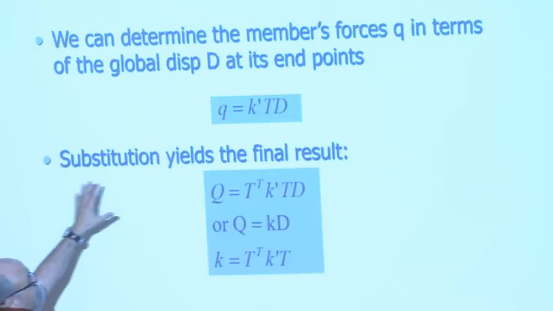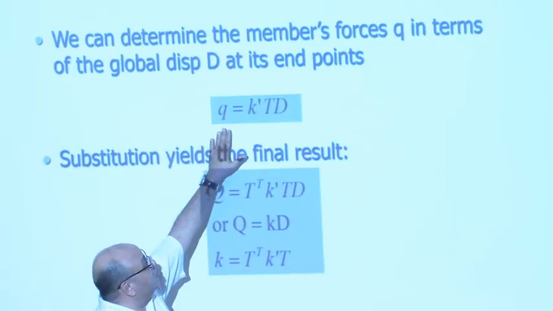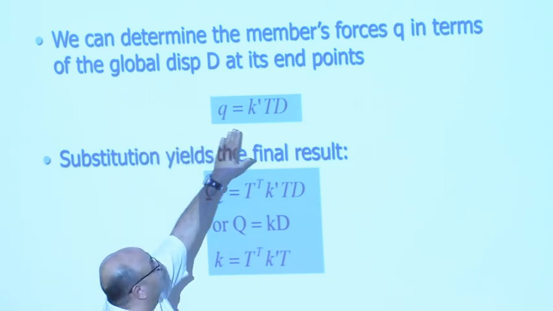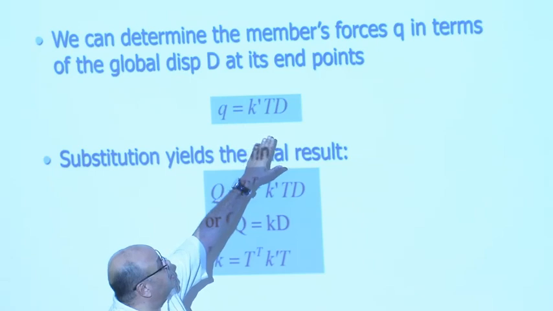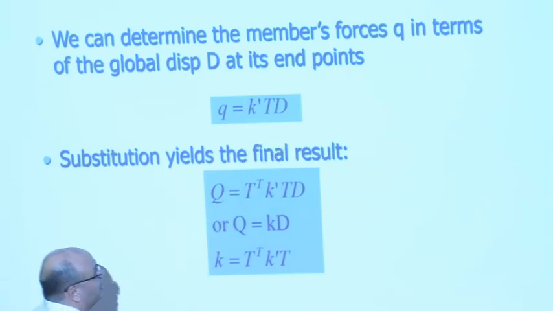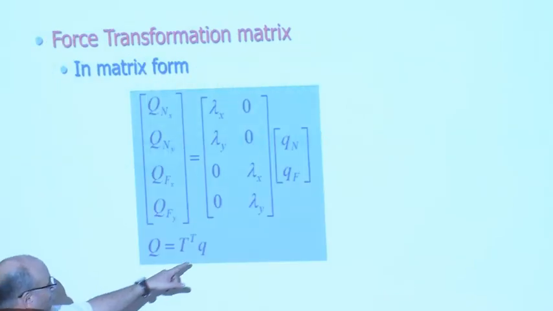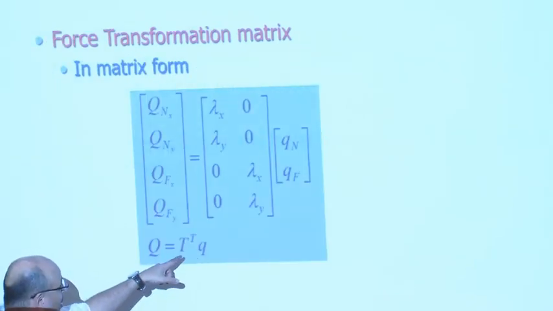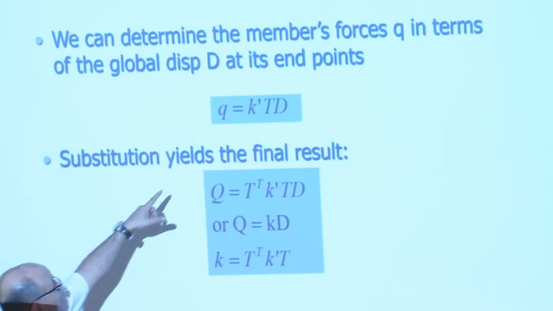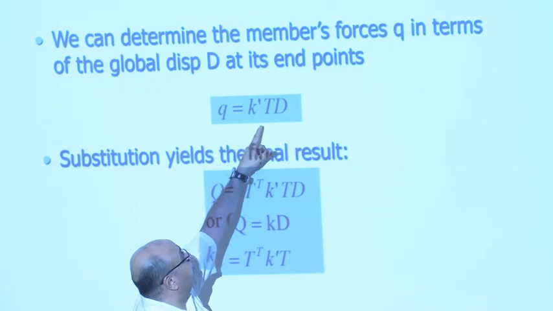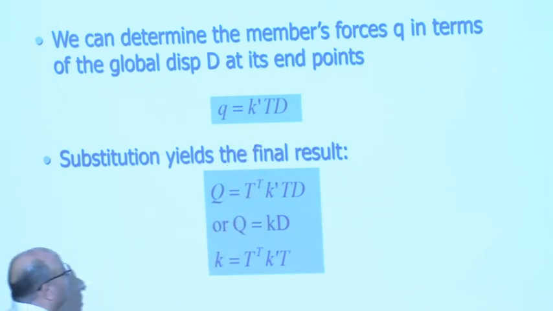If we write this equation, in this case, the one that we had earlier, that will give you that small q equals K prime T multiplied by the displacement D. So that is what we have. So we are going to have this equation, and we are going to have that one right here, which is small q equals K prime T multiplied by D.